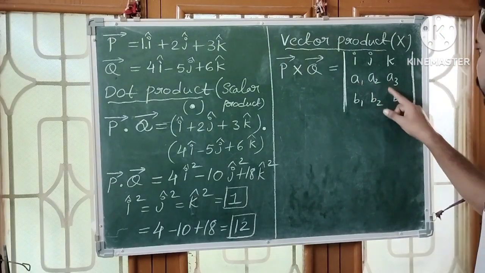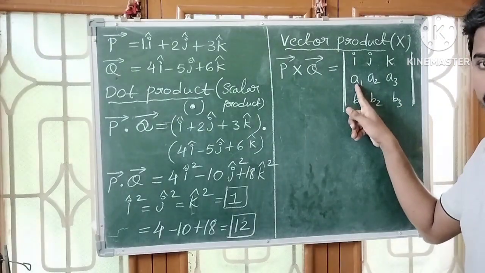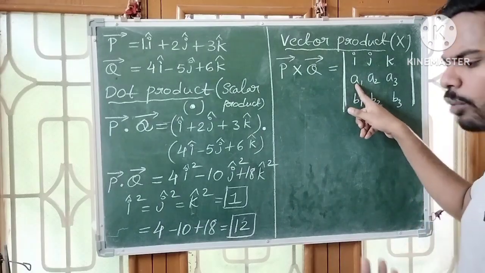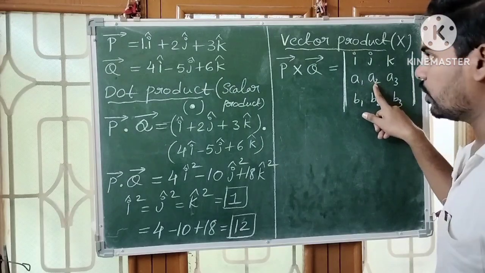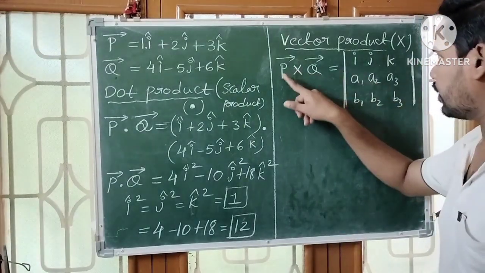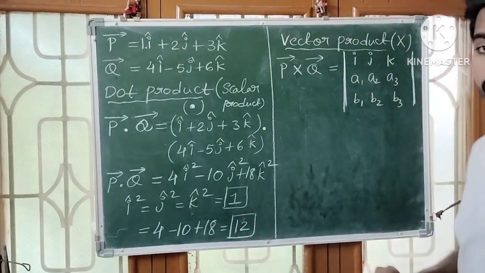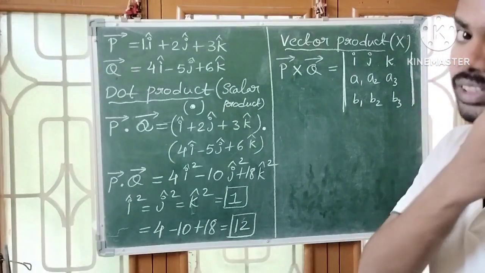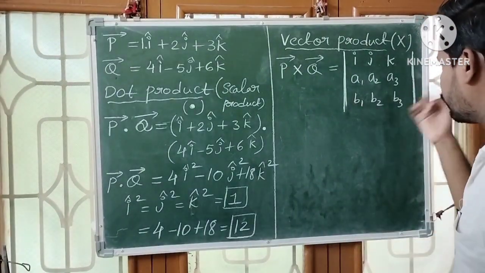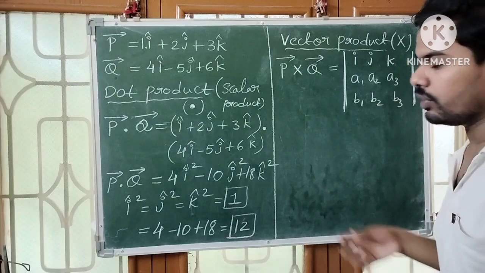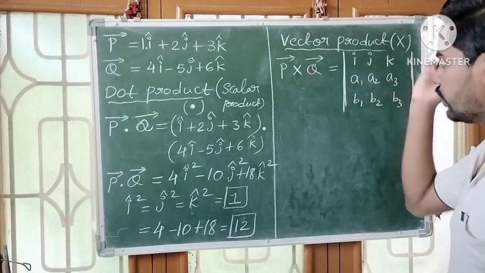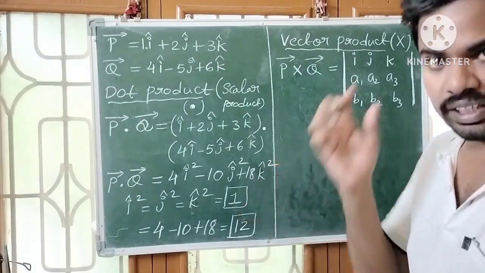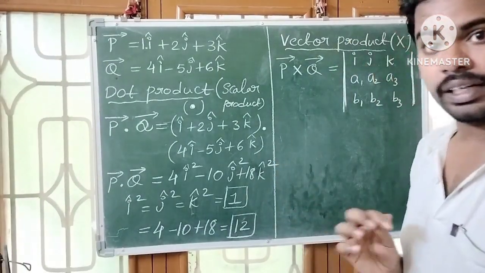So i, j, k means unit vectors. Here a1 is called component of vector P in x direction, a2 is component of vector P in y direction, a3 is component of vector P in z direction. Similarly, b1, b2, b3 are components of vector Q in x, y, z respectively.